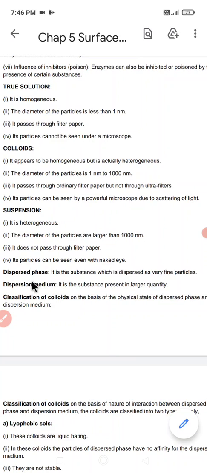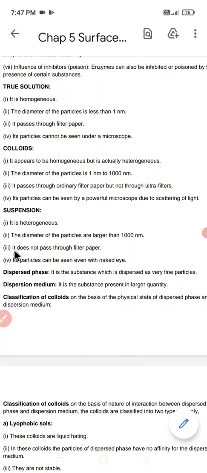So a normal solution consists of two parts, the solute and the solvent.